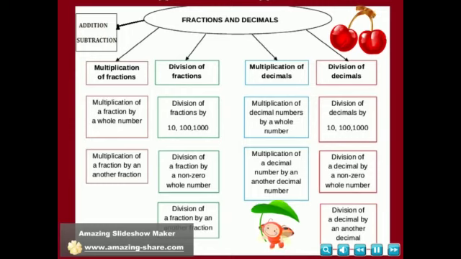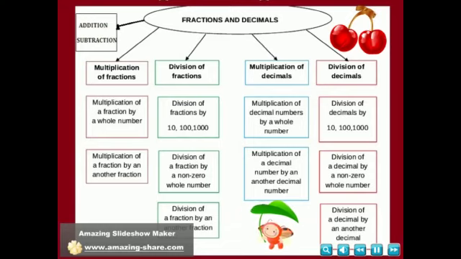Then division of a fraction by a non-zero whole number and division of a fraction by another fraction. And the second part, decimals, in that we had seen multiplication of decimals, in that multiplication of decimals by a whole number and multiplication of a decimal by another decimal number.